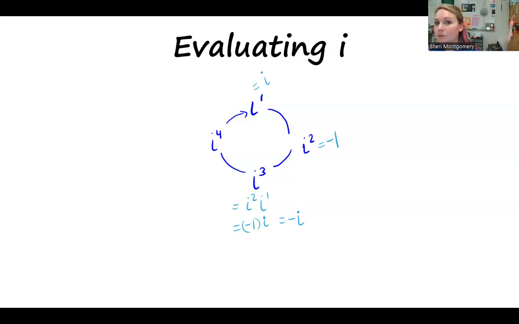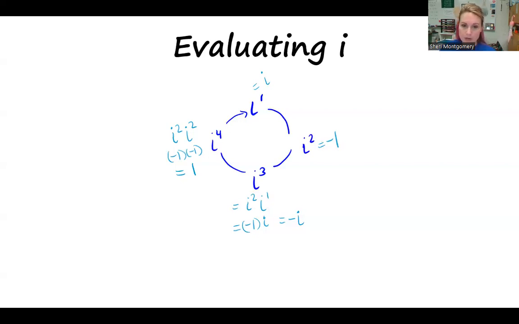Anybody have an idea of what I to the fourth power might be? 1. The reason why is I to the fourth power is the same thing as I squared times I squared. I squared is -1, and -1 times -1 is +1. So as you keep going, things will behave like this in a cycle over and over again.